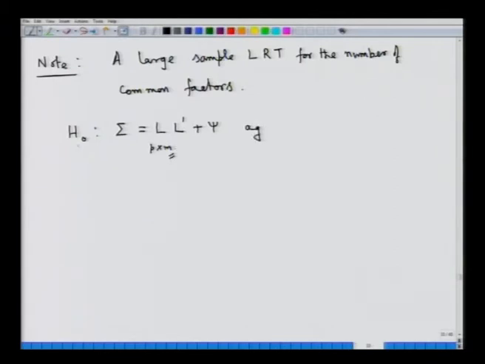Suppose our interest is to test this null hypothesis against the alternate hypothesis that Σ is any other positive definite matrix. So, we are going to test this.